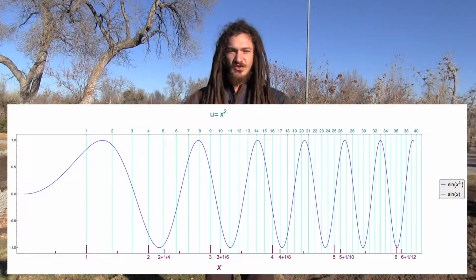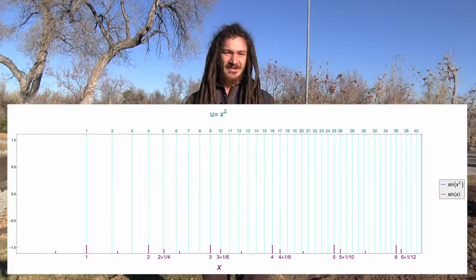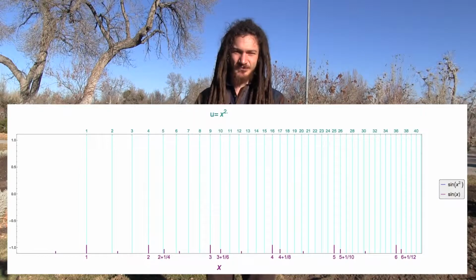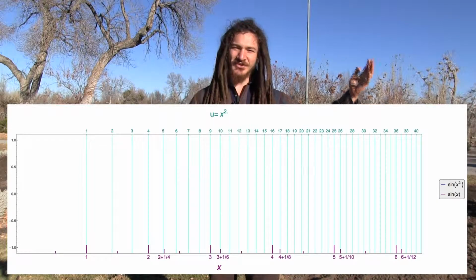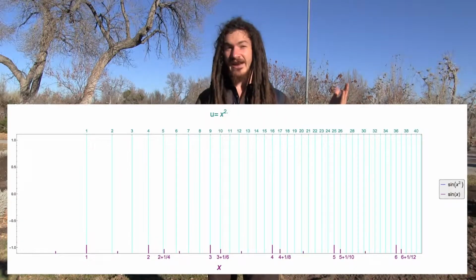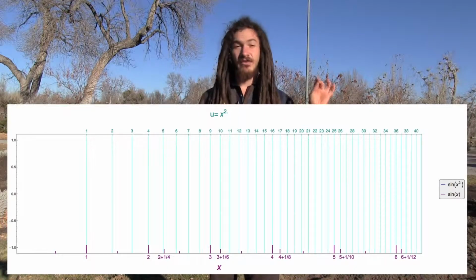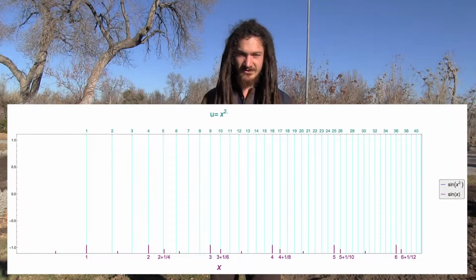Well, for one thing, you can notice that there's more scrunching further to the right on the x-axis. X squared gets more scrunched up than it is on the left of the x-axis. Out at x equals 5, x squared is 25, and it goes all the way to 26 in 1/10 of a unit of x.